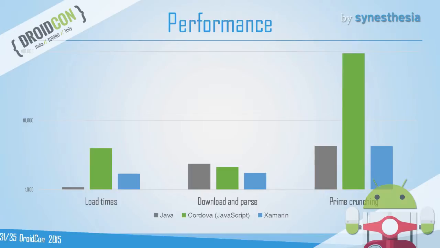That's because the .NET runtime is a bit more advanced than the Dalvik runtime, let's say, so it has some performance enhancements that you do not get on Java. That's funny to know, but in raw computation like prime crunching, you get no difference, except that JavaScript sucks, of course. But that's natural, let's say.